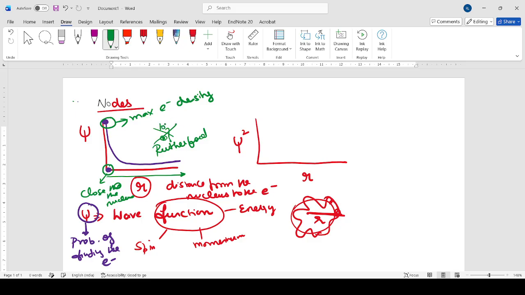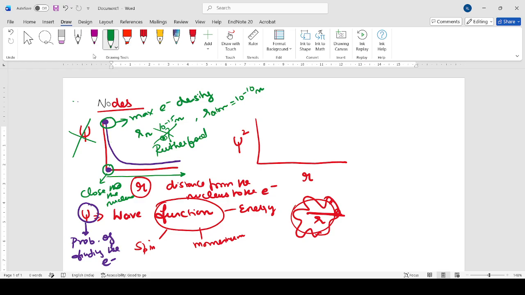Isn't it? We found the radius of the nucleus was 10 power minus 15 meter, and the atomic radius was 10 power minus 10 meter. Such a large distance is there between them, and how can we expect the electron to be very close to the nucleus? So this graph was wrong.